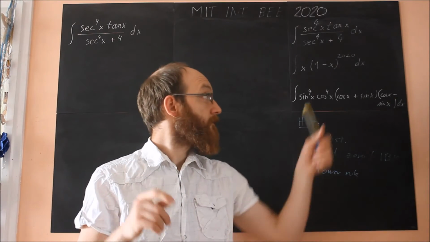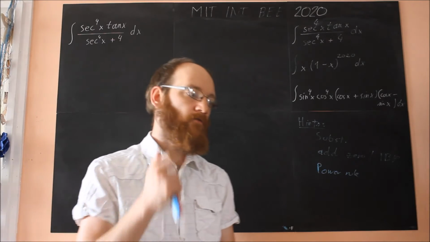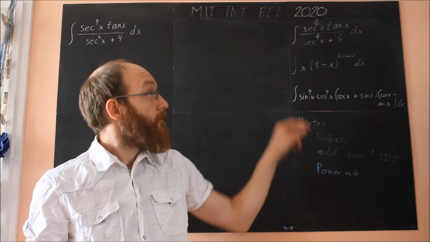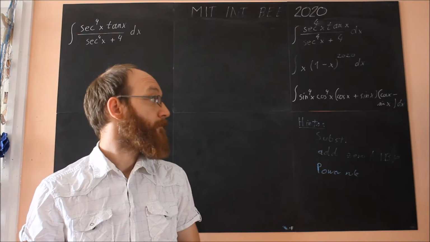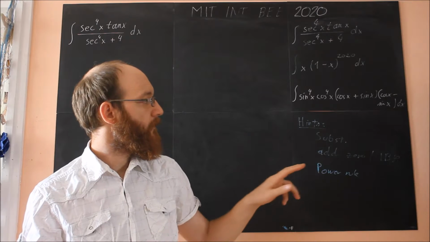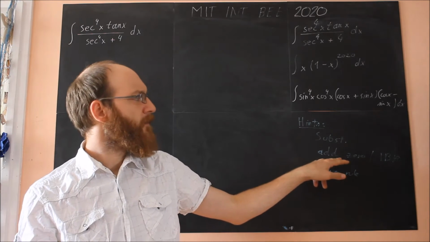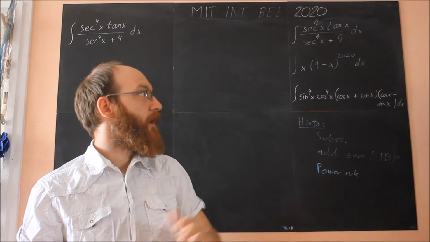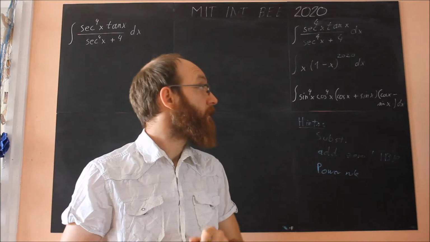These three integrals are from the qualifier round, and if you want to try this by yourself, for the first integral I have the hint, think of substitution. For the second one, think of adding a zero, or it should also be possible with integrating by parts.